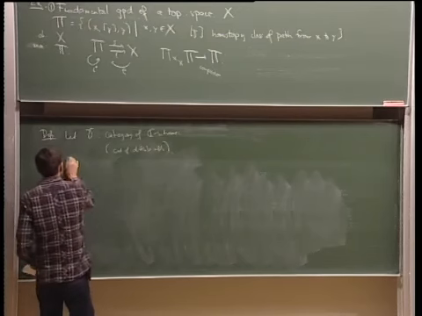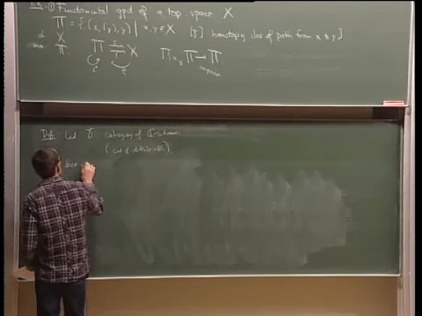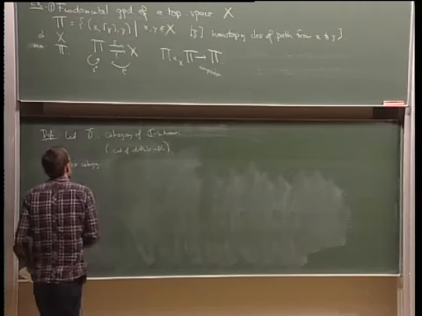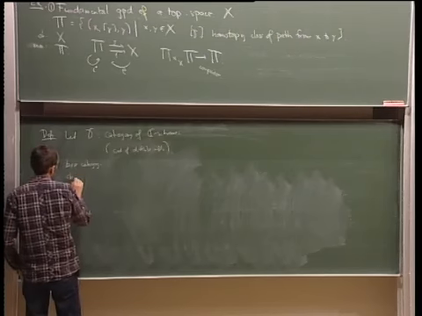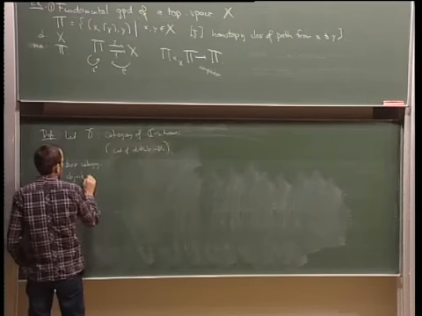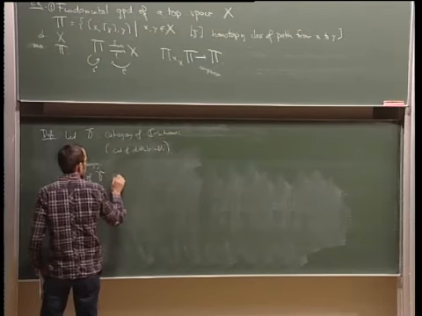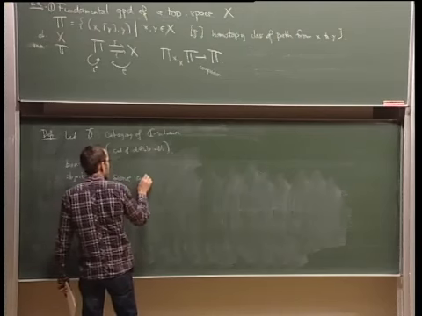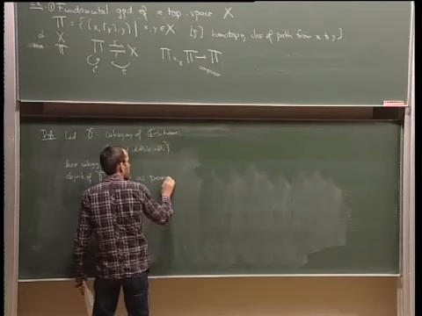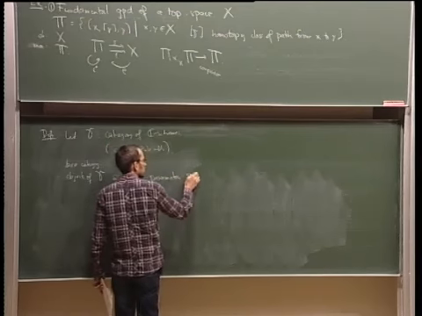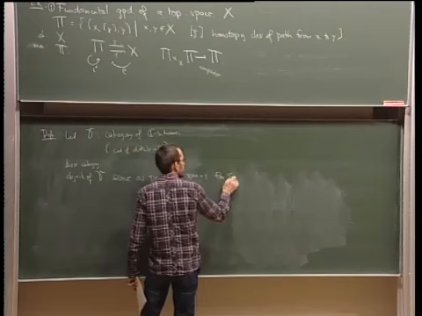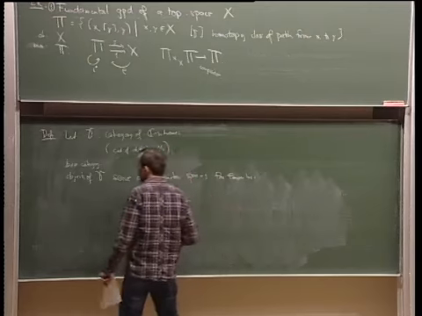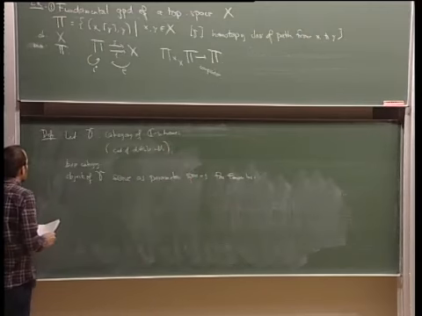Now this is some kind of base category, and the objects of S serve as the parameter spaces for the families I want to consider.